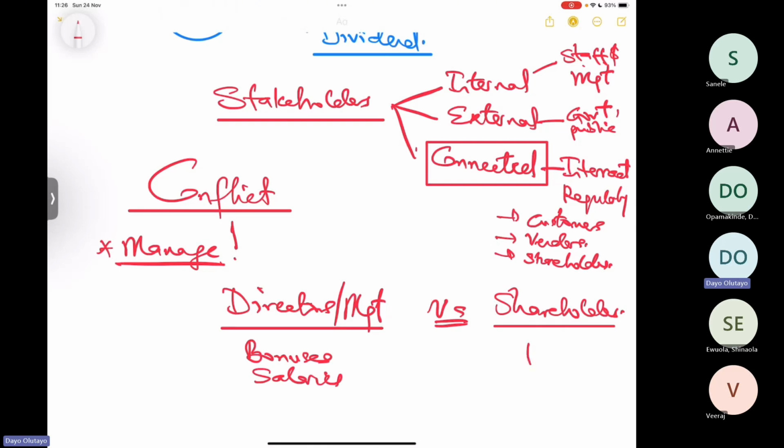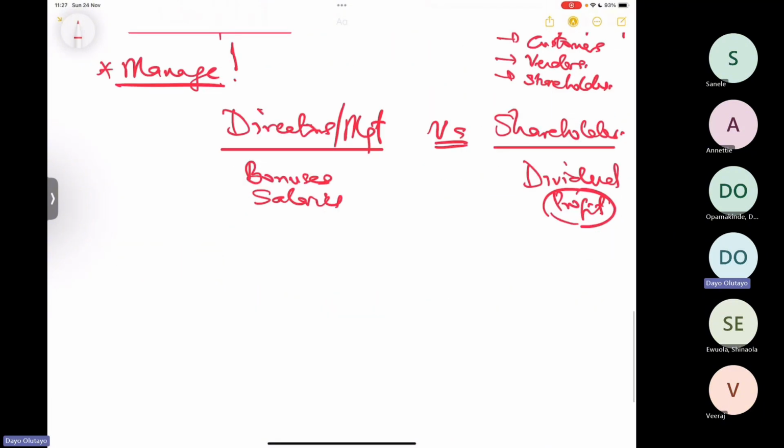This guy wants a lot of dividends. And wanting dividend means they want profit, which means if you increase bonuses and salaries, what happens to profit? Profits will come down. And because of that, there's a conflict of interest.